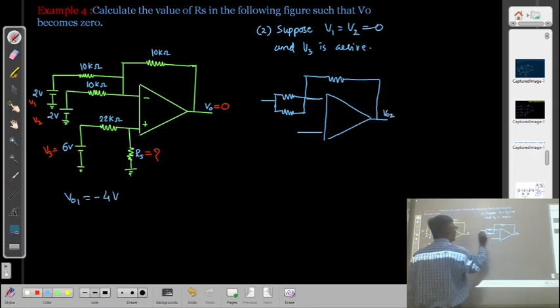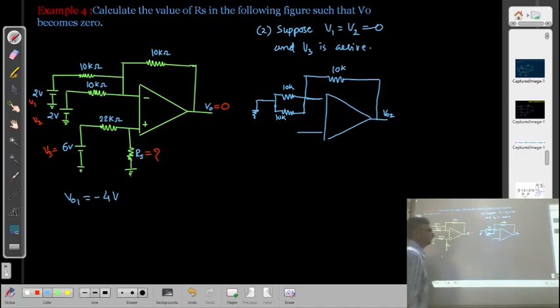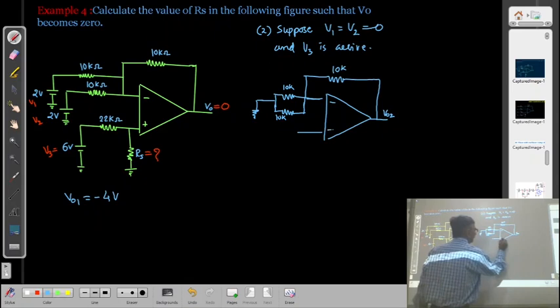Here, this is connected to ground. Remember, V1 and V2 are connected to the ground. So this resistance is 10K. This one is also 10K. Feedback resistance is also 10K, minus, and we have this plus.